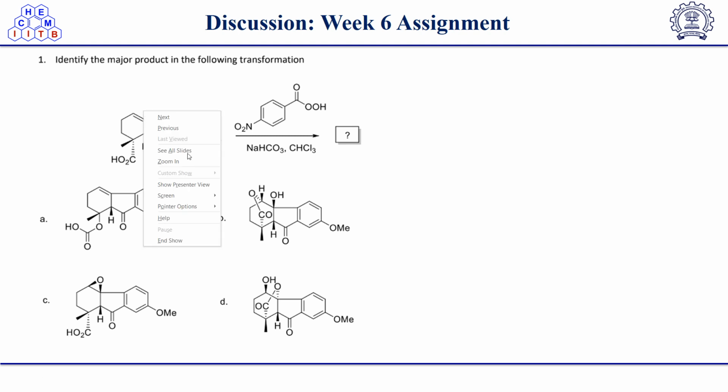So here, let me take the pen. Here it will become an epoxide. This alkene will not be there. This will become an epoxide. And in the same pot, what will happen is that this oxygen lone pair will attack either from this side, or it can attack from this side, and this epoxide ring will be opening.